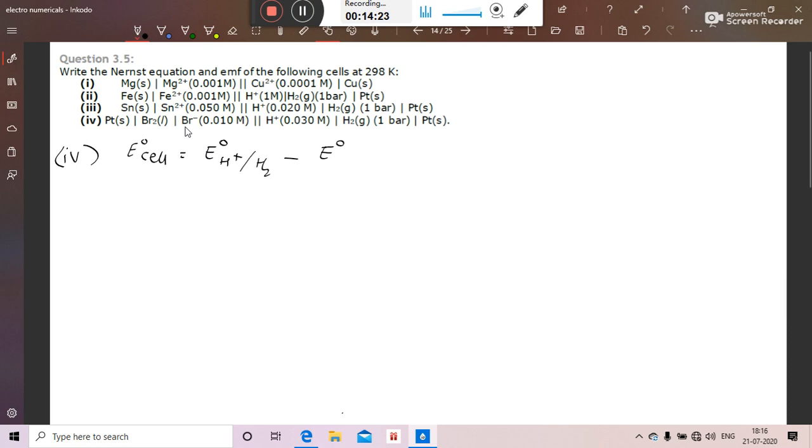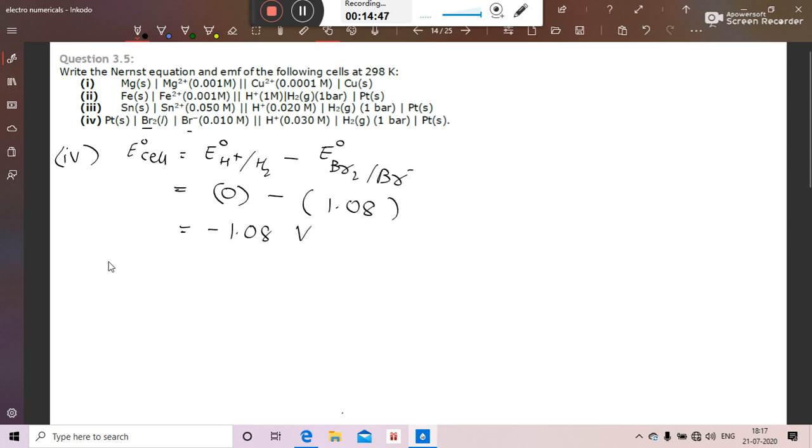Here you will see that during reduction bromine is converted into bromide ion. That's why first we write Br2 and then we write Br minus. So for hydrogen the reduction potential is 0 minus the reduction potential of bromine to bromide, which is 1.08. So here E naught cell will be negative, minus 1.08 volt.